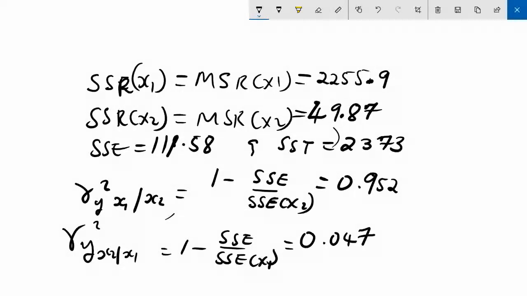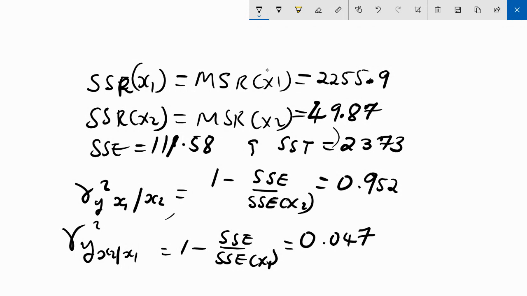So the one that is given, you hold it constant. So you will say, holding constant the effect of what? We're interpreting this 0.952.